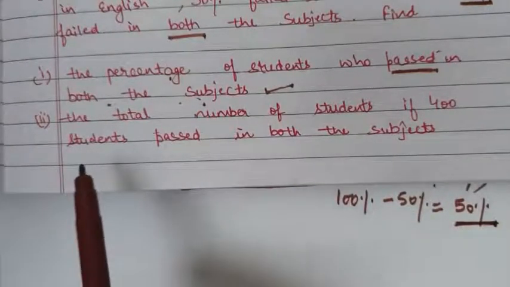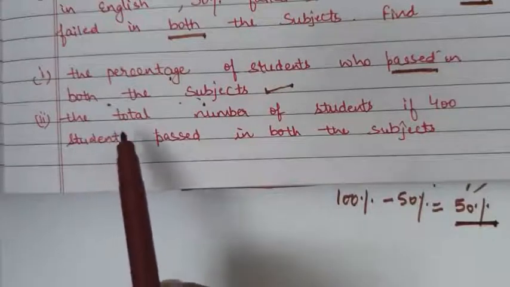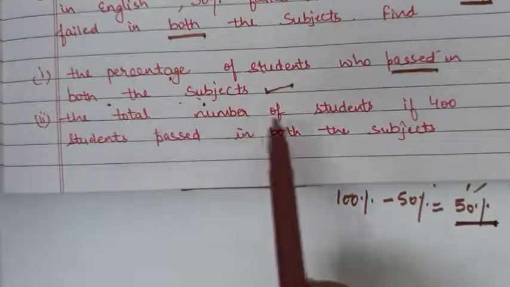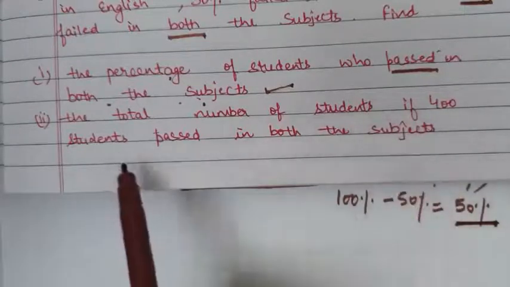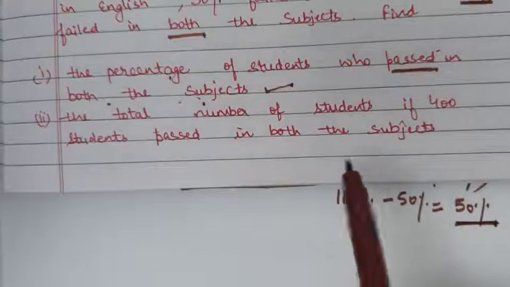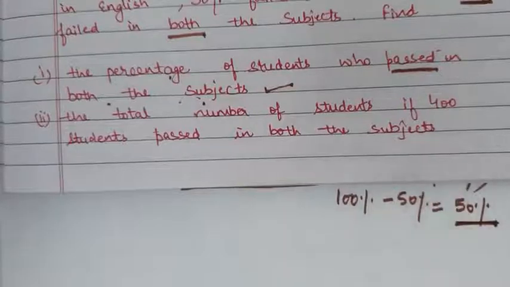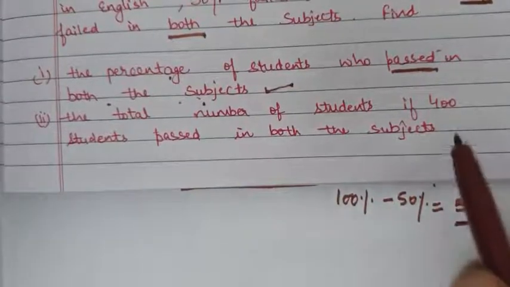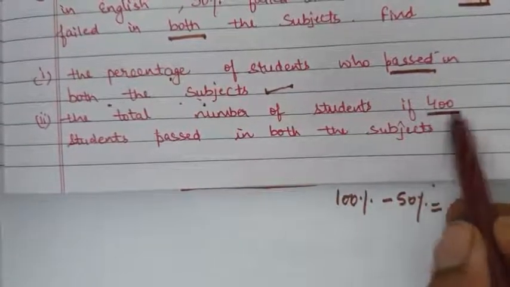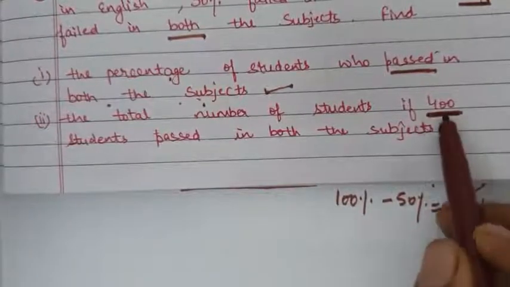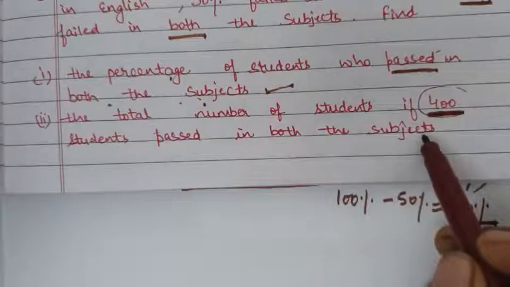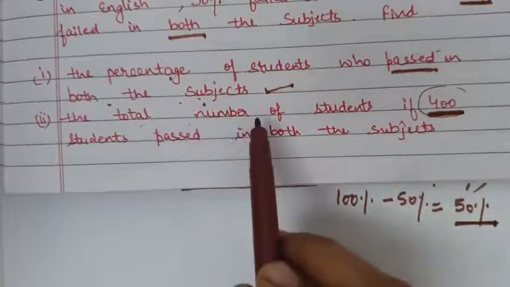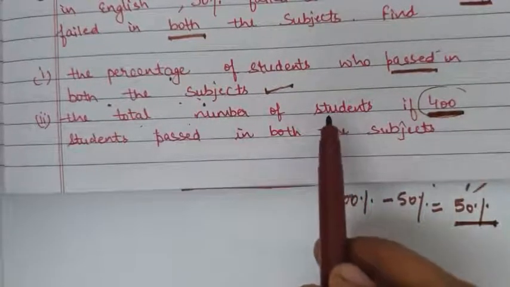Now the next part is you have to find the total number of students. If 400 students passed in both the subjects. This is given in the question, that if 400 students passed in both the subjects, then what will be the total number of students?